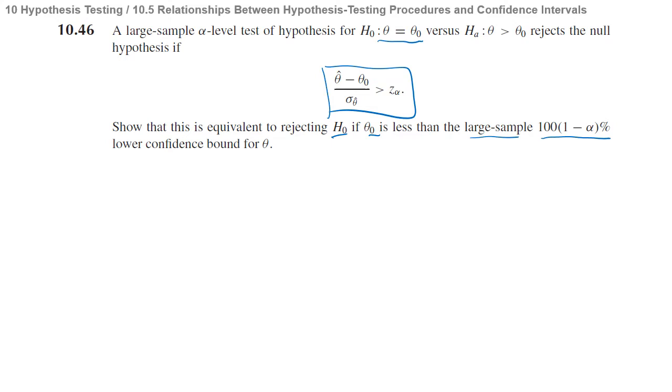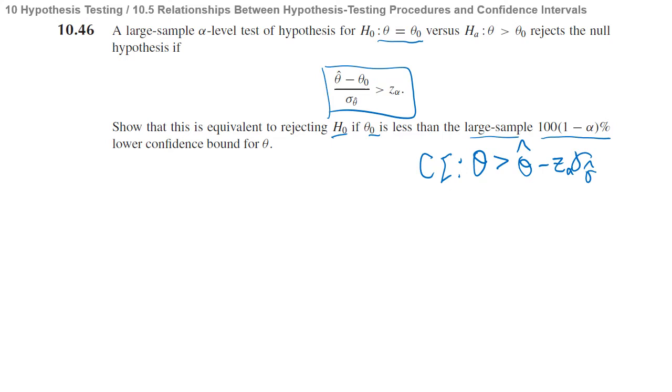The confidence bound for this case is zeta is greater than zeta hat minus z alpha sigma zeta hat. So this is the 100 times 1 minus alpha percent lower confidence bound.